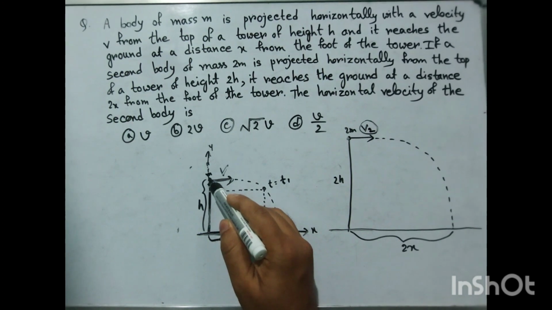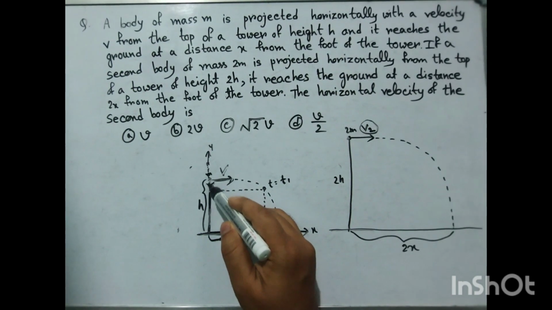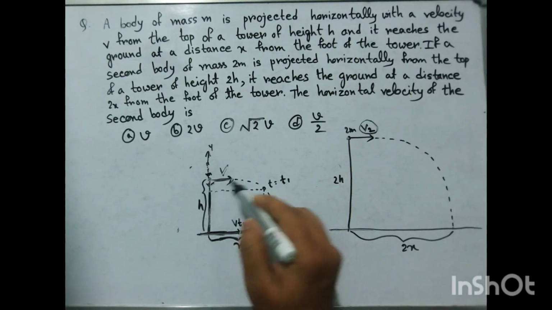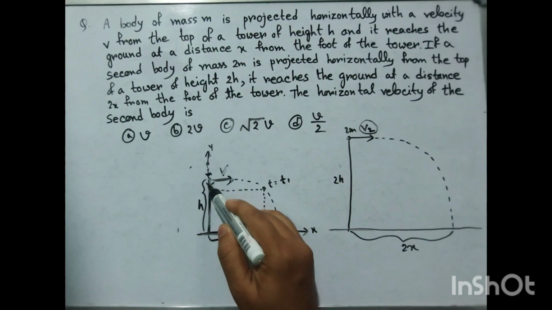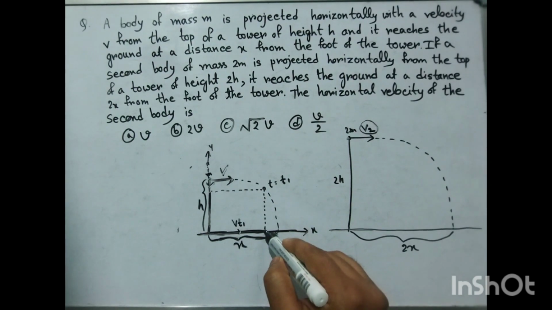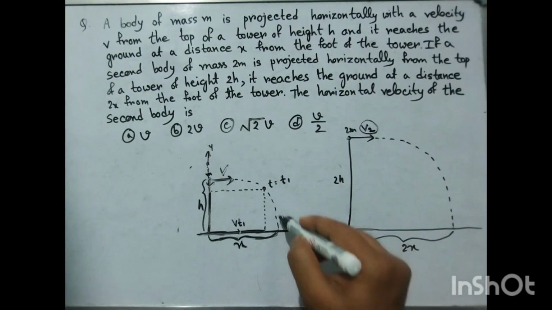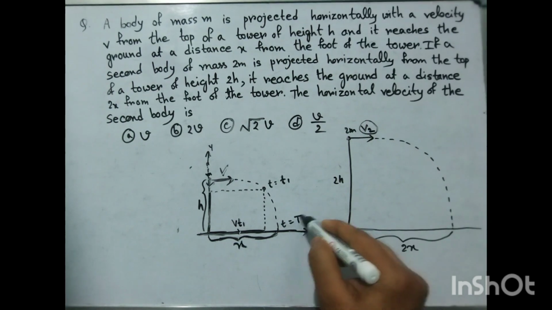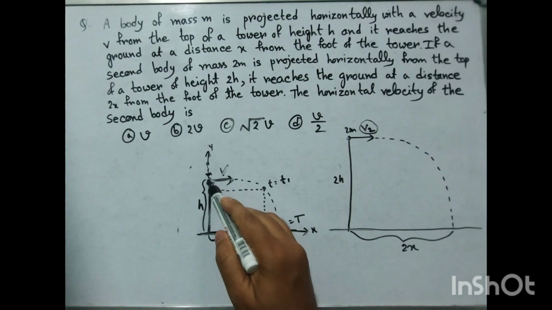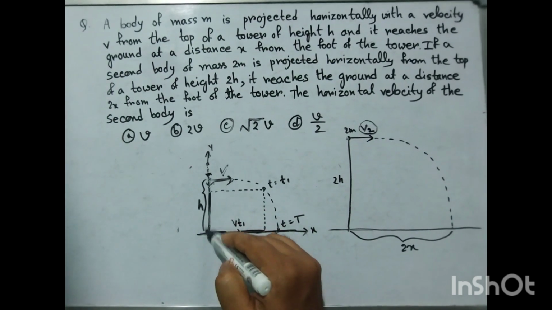So it started from rest along the y axis, so it is in free fall along the y axis. At t equal to t1 it comes this distance, and at the same time it travelled this distance.